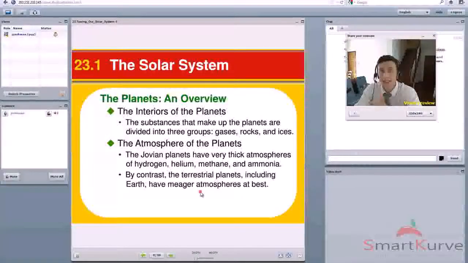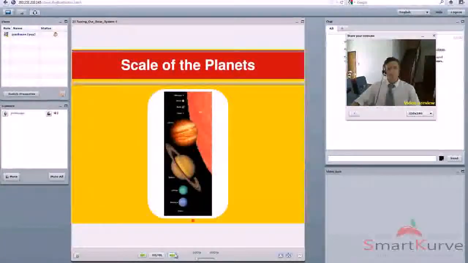For example, the planet Earth would fit 3 times into that spot on Jupiter. Just that red spot on Jupiter that is a large storm that's been swirling for hundreds of years. Our entire planet would fit 3 times just into that spot. So it would take hundreds of Earths to fill up Jupiter.